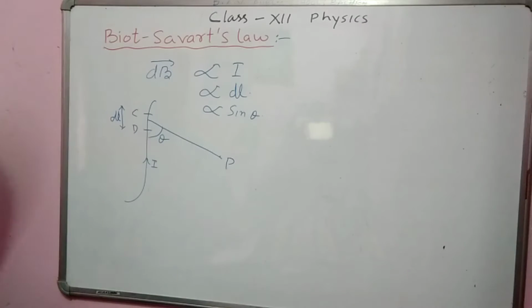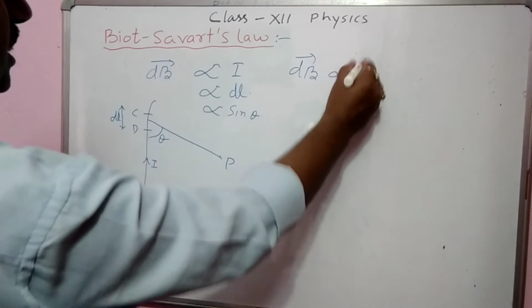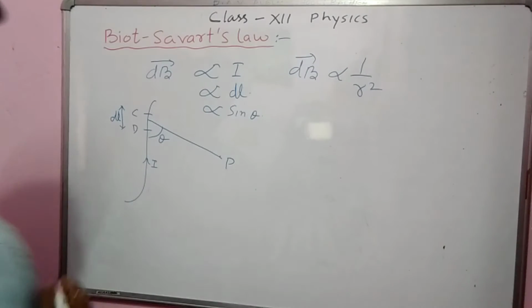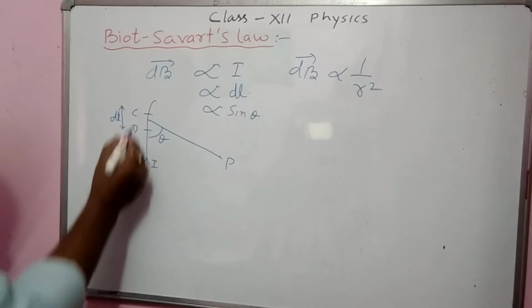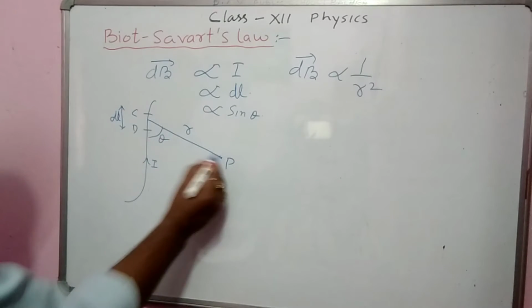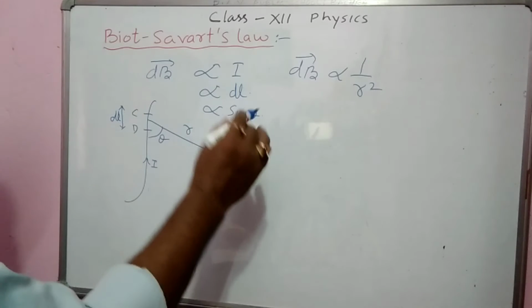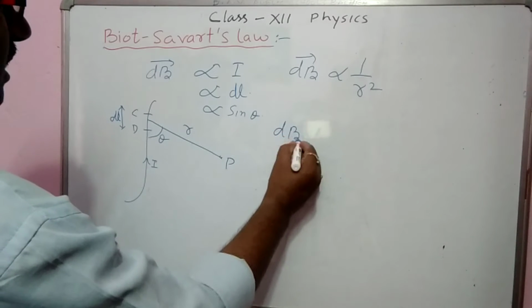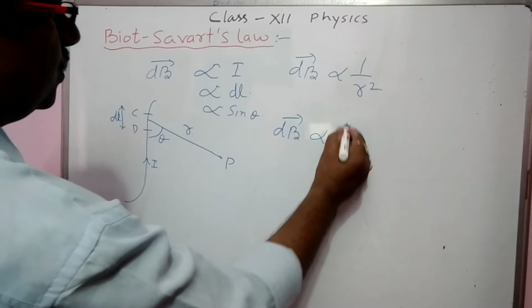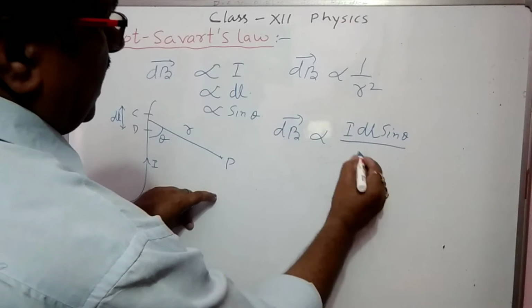It is inversely proportional to the square of the distance from the current element to the point P where we want to calculate the magnetic field intensity. So combining all together, dB is proportional to I dl sin theta by r square.